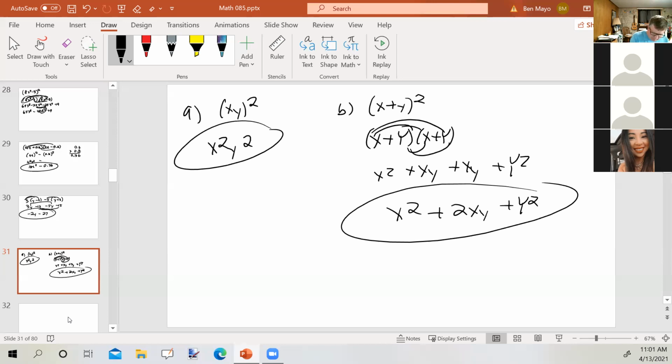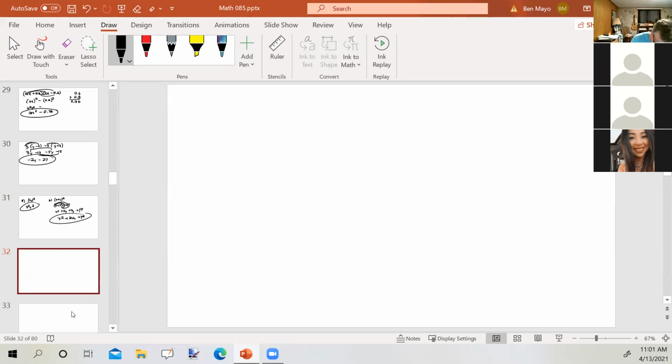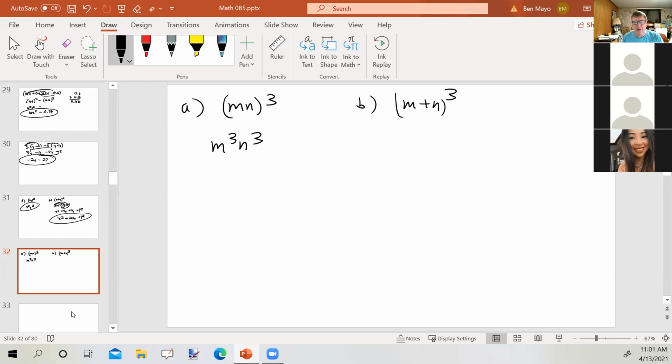Okay. How about this one? Part A, we have mn cubed, and part B, m plus n cubed. So part A is m cubed, n cubed. That was nice. Part B, m plus n, m plus n, m plus n.